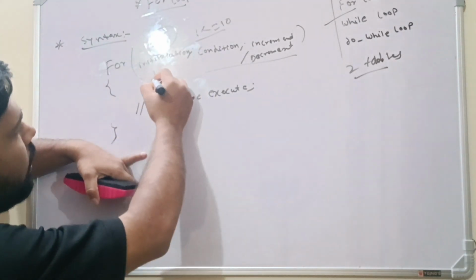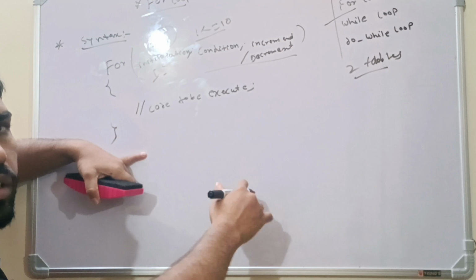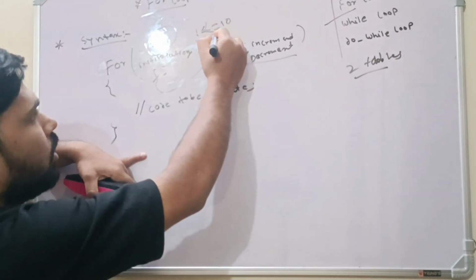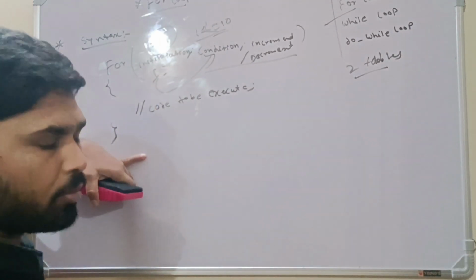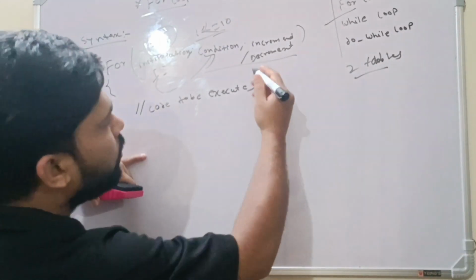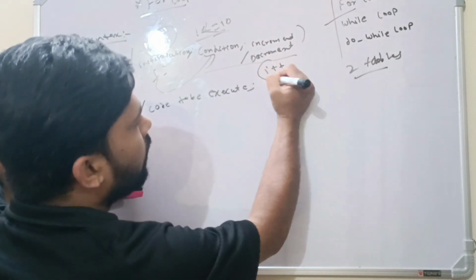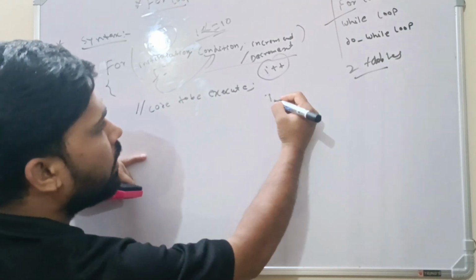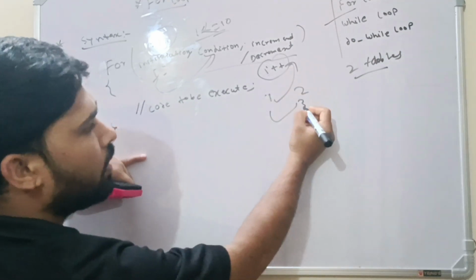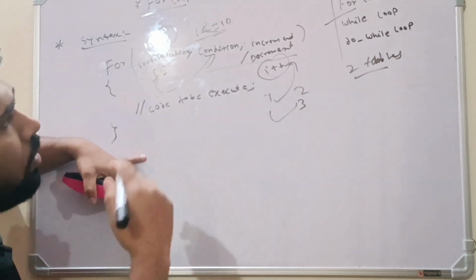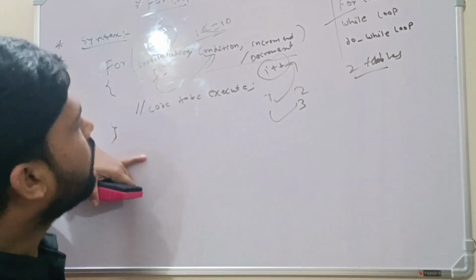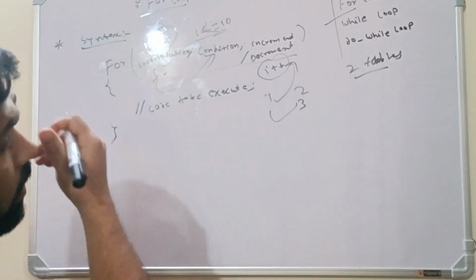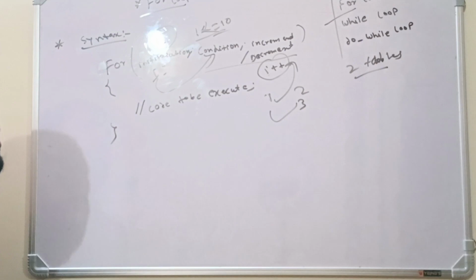Since i = 1, it will print 1. It will print up to 10 times, because I gave less than or equal to 10, so the iteration will happen up to 10. Next it will do the increment, going one by one. If we printed 1, then the iteration happens, then 2, then 3, like that up to 10. So this is initialization, condition and increment or decrement, anything you can do. This is the general syntax of for loop.